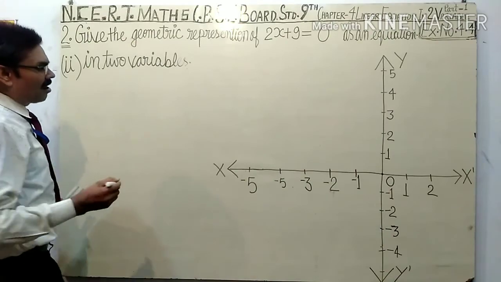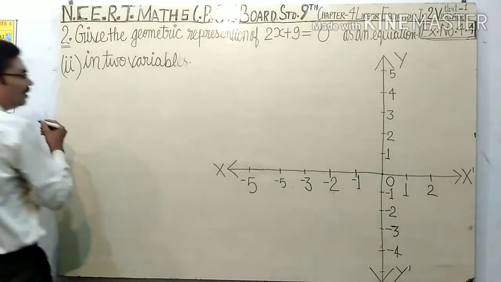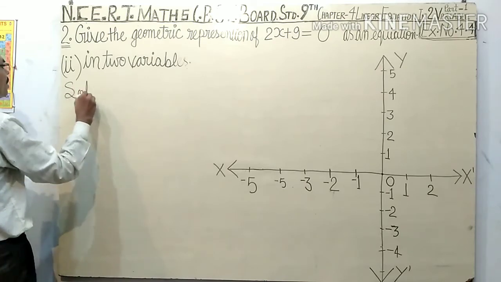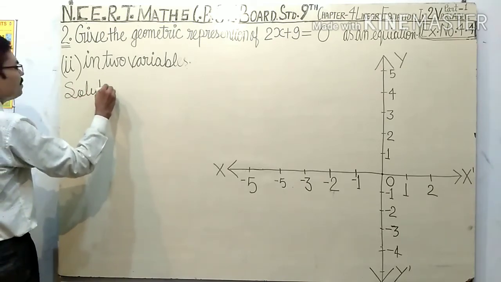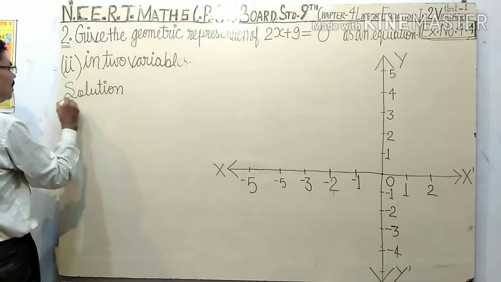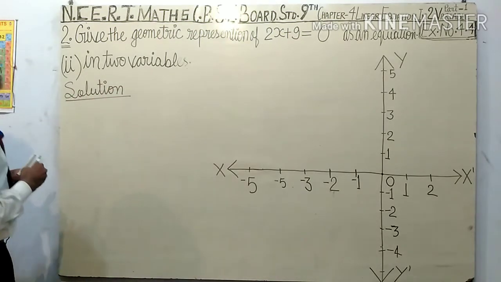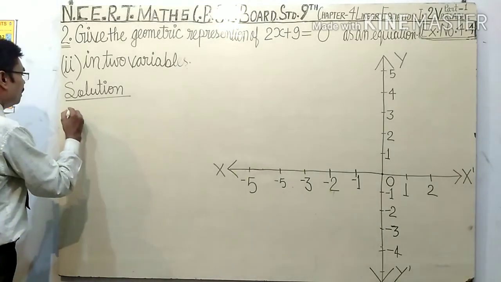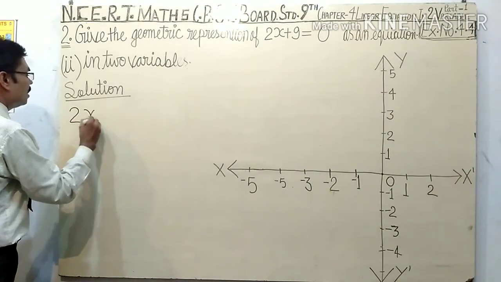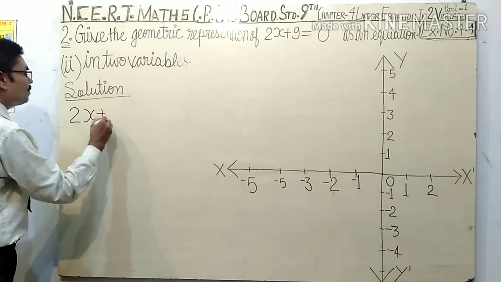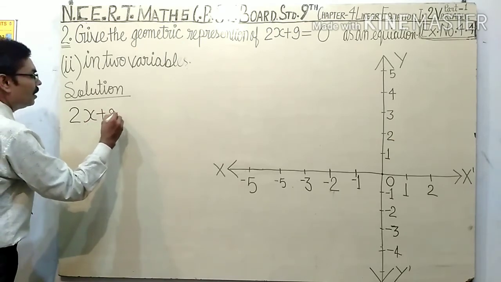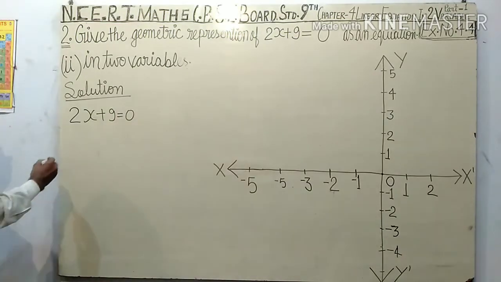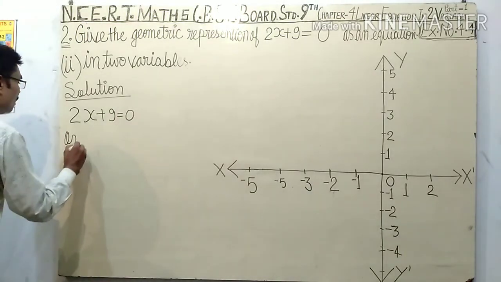So students, start solving. First we write the solution. This will increase the beauty of our question and also give mental strength. Our equation is 2x plus 9 equals 0.